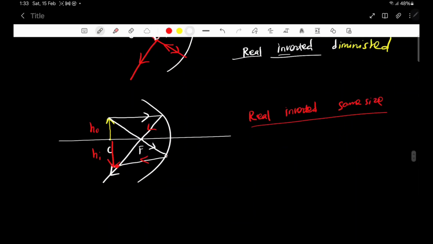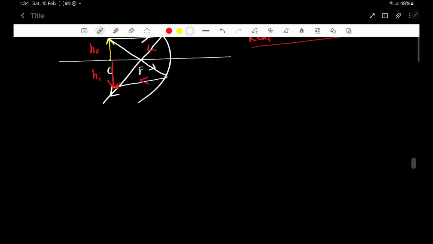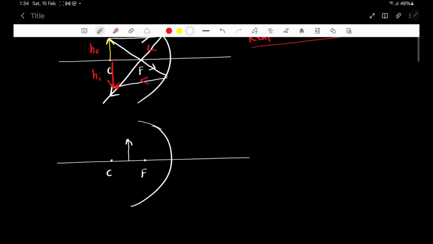Okay, we can consider one more case also. If the object is placed between the C and F, then the cases are different. From the top tip of the object, I can consider one light ray. After getting reflected, the light ray will pass through the focal point. Apply rule 1.